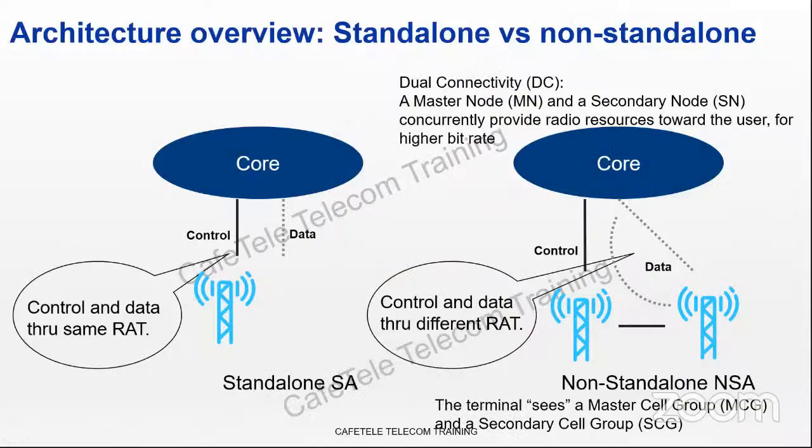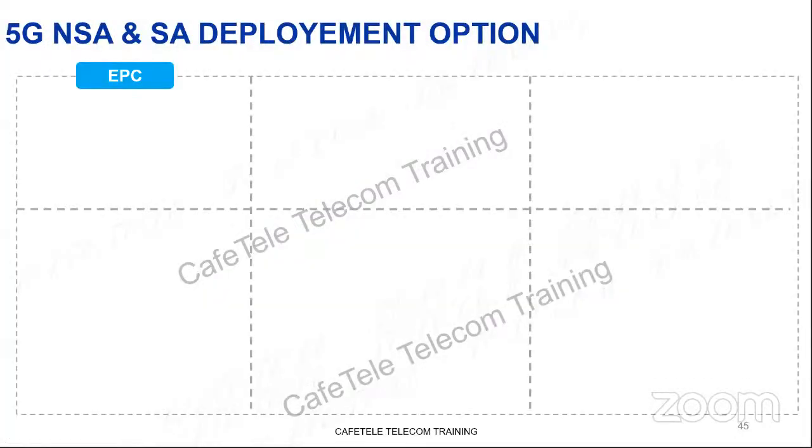So the base station architecture we have, we have two types of architecture. One is called standalone and one is called non-standalone. So first you have to know what is a base station. Base station means, have you seen the telecom tower in the USA? Yes. So those are base stations.